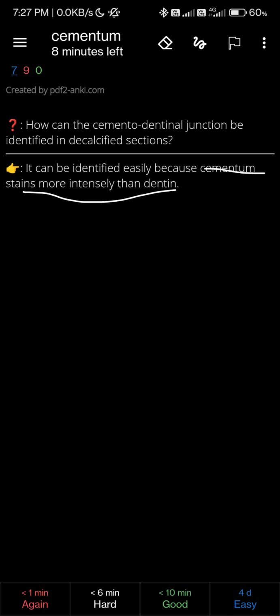So the cemento-dentinal junction can be identified in decalcified sections.